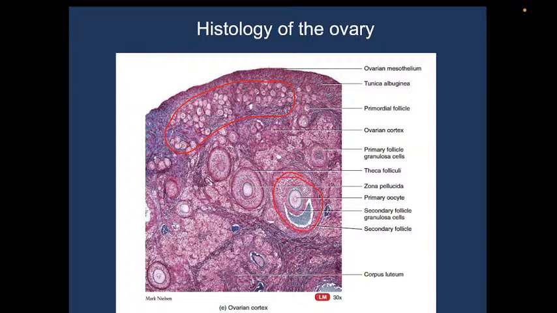Inside the follicles we see the oocyte. The number of primordial follicles is fixed, they develop during the embryonal period, and then start one after another.